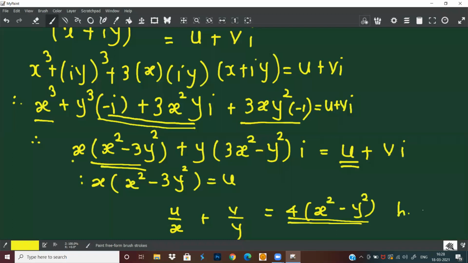It is u by x. 3x square y i came. Oh, you want this? See, it is 3 into x into i into y into x. So this is 3. x into x is x square, y, i. Okay, Apurva?